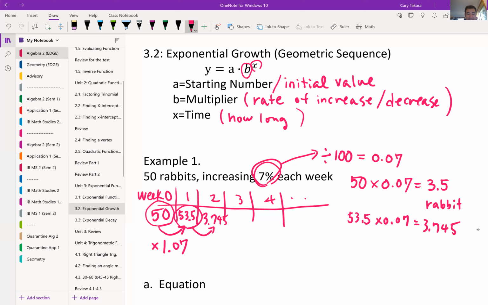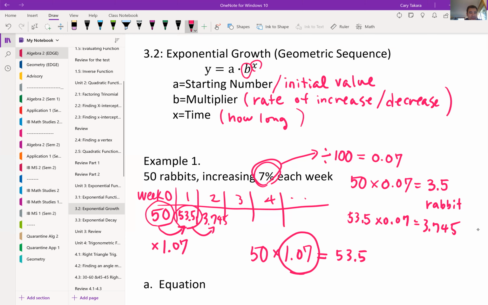Let's try that. Let's do 50 times 1.07. Can somebody take out your calculator and do that? What do you get? It is 53.5. In other words, what I was trying to get at is that 1.07 is going to be the multiplier.